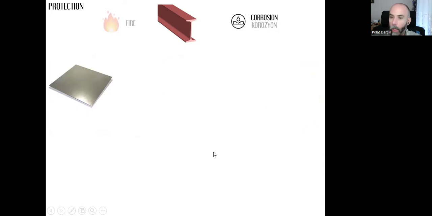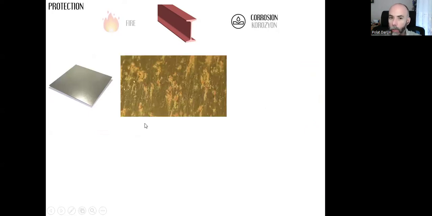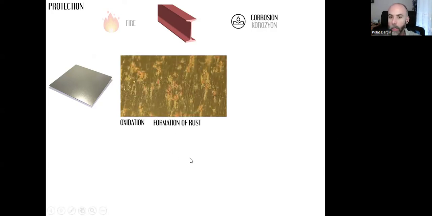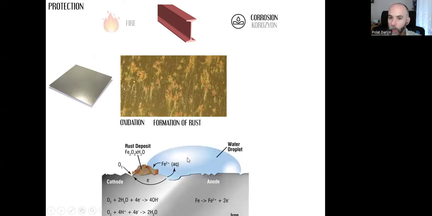The corrosion, it's the same logic. This is rusting in metals like iron and steel. First, we get rusting. It's the oxidation reaction. It's the formation of rust as the atoms of the iron and the atoms of the oxygen react with the help of humidity.